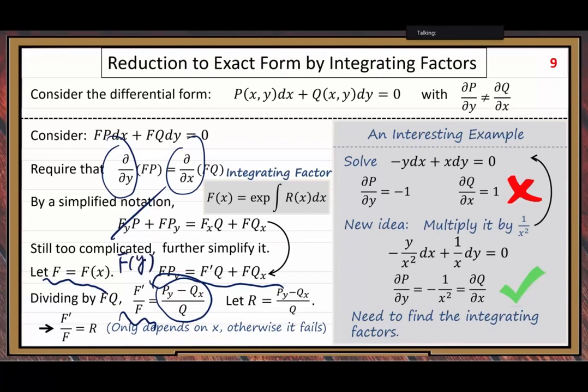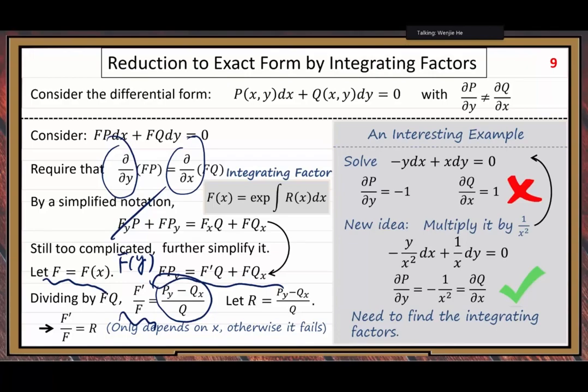Similar idea, right? So there is another possibility. This is the first special case, then you have the second special case. You can also solve the second. So with these two special cases, we can solve this kind of non-exact ODEs.